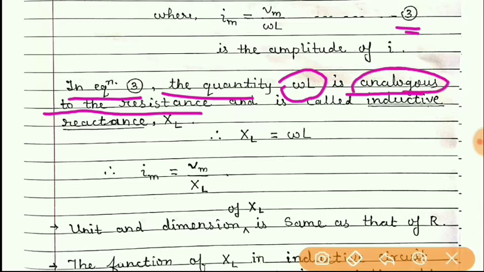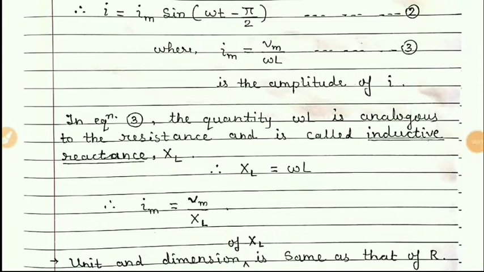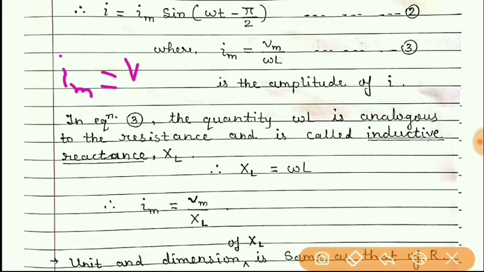Analogous means it is similar to that of the resistance in a resistive circuit. That means we have seen, students, in our previous lecture that Im for a resistive circuit is equal to Vm upon R.